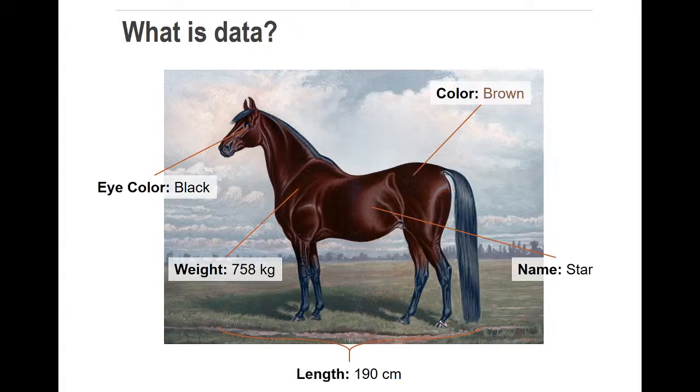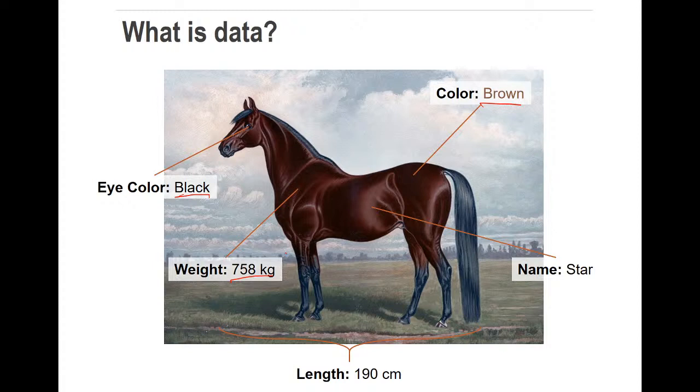Okay, so this is one example of the data representing this particular horse on 5 values that we are interested in. The color is brown, the eye color is black, the weight is 700 kg. Okay, so this I think should be roughly a correct weight for a horse. The name is Star. Okay, so it's a horse.